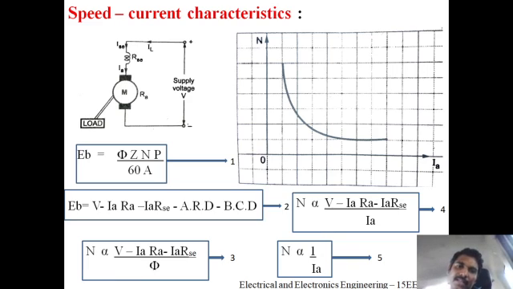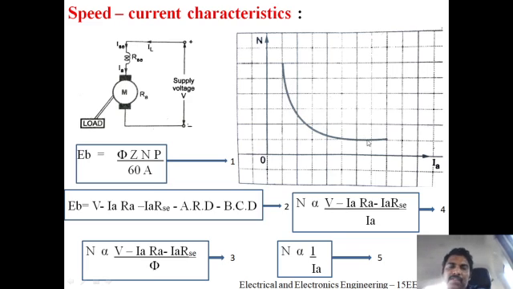One is the IARA drop and IARSC drop, and the second is because it is inversely proportional to the load current, inversely proportional to the armature current. Because of these two parts, the speed of the DC series motor decreases as the load increases.